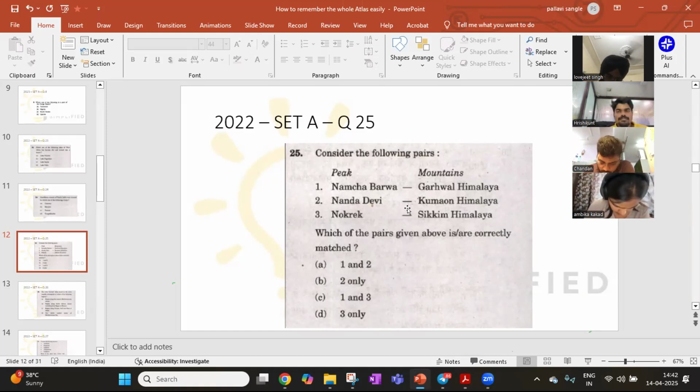Okay. Then you can see Kanchenjunga in Sikkim. There are not many peaks here because it is an overall map. Can you see Doda Betta in Tamil Nadu?